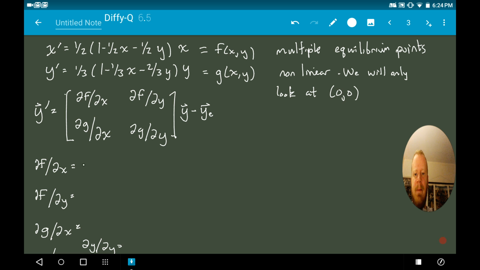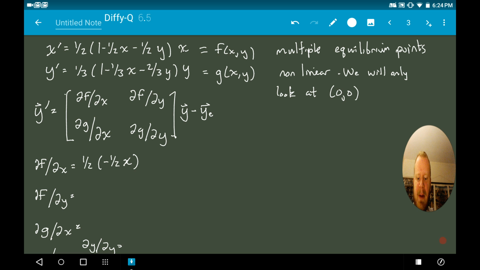So del f del x is going to be equal to, let's see. We need to use the product rule here. It's a partial derivative, so we're going to treat y as a constant and x like a variable. I'm going to pull this 1/2 out and then do a product rule. The derivative of this piece with respect to x is -1/2 times this piece, which is x.